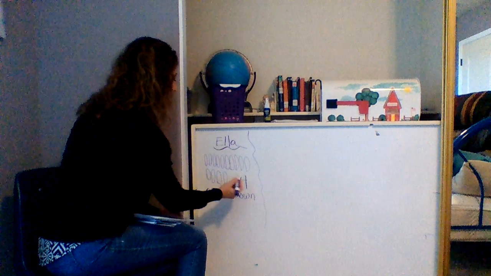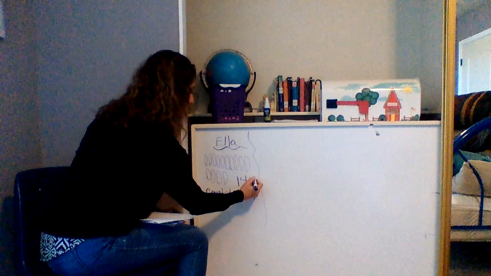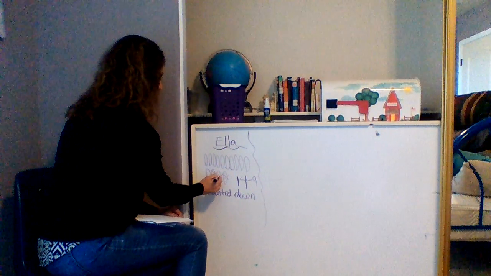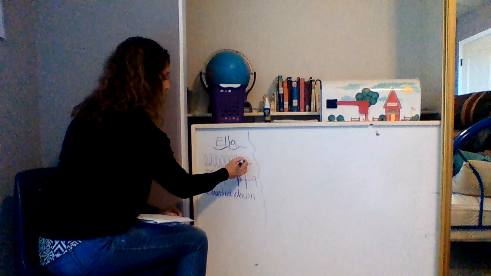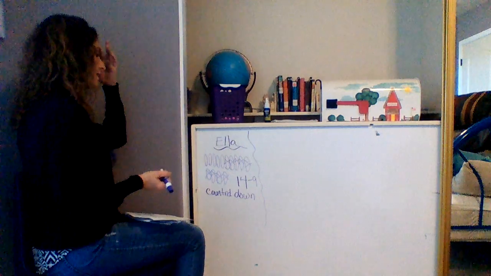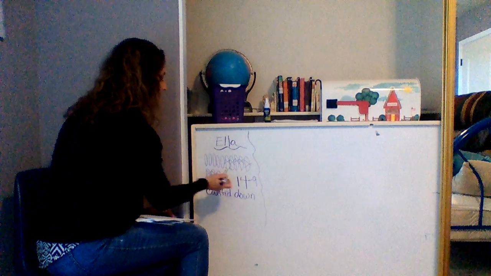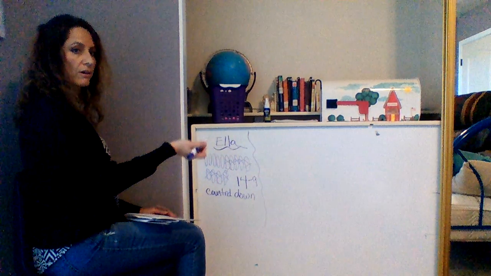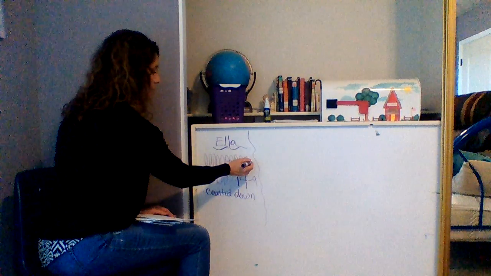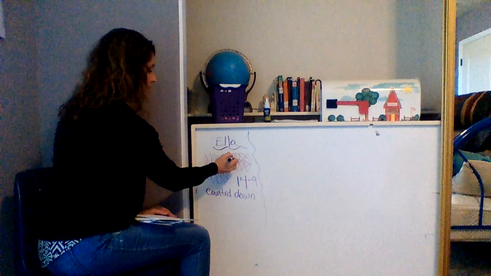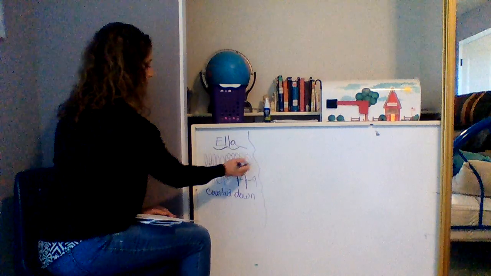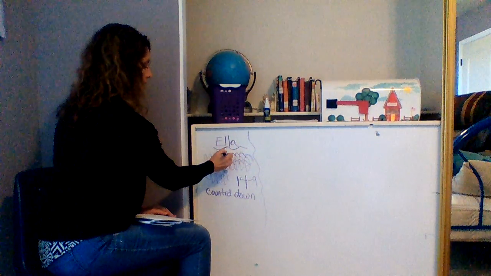Okay. So that means that she took away 9, didn't she? 1, 2, 3, 4, 5, 6, 7, 8, 9. Okay. So Ella knew that this was 14 and she counted back or counted down 9. 1, 2, 3, 4, 5, 6, 7, 8, 9.